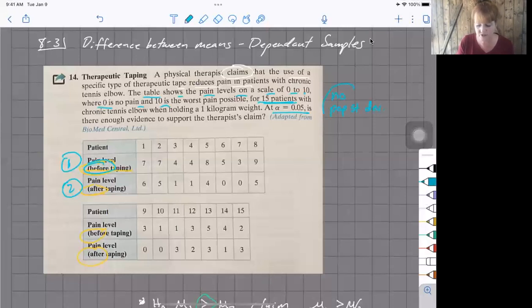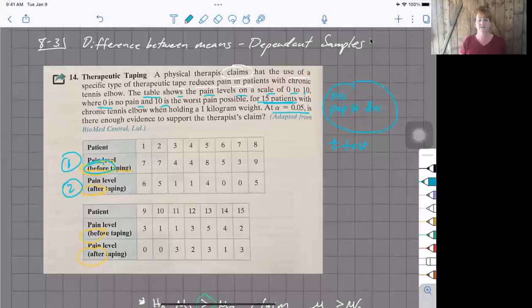So since there's no population standard deviation, that means that I'm doing a t-test. I know that because I'm comparing the means, so I know it's not a population proportion, and I know that I don't have a population standard deviation, so this is a t-test.